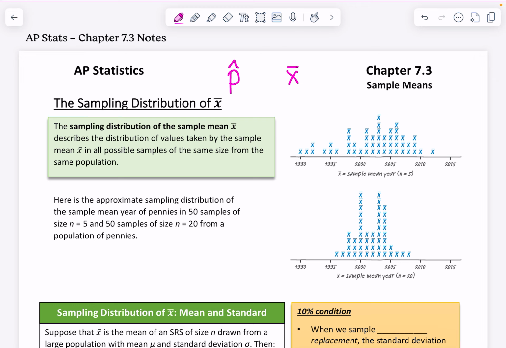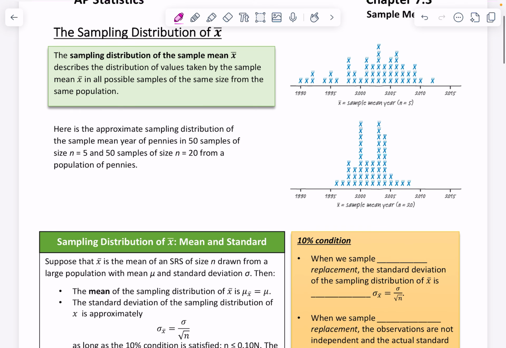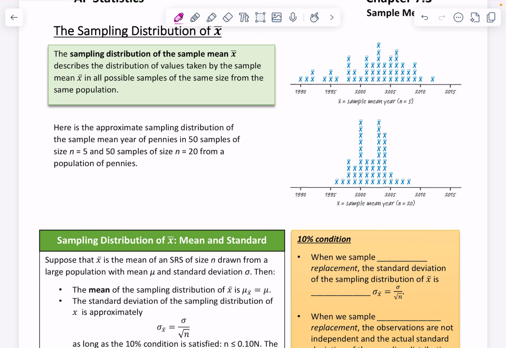Pretty much it. So, in this lesson, for example, they tell us we get 50 samples of pennies. Now we have samples where the sample size is 5 or the sample size is 20.